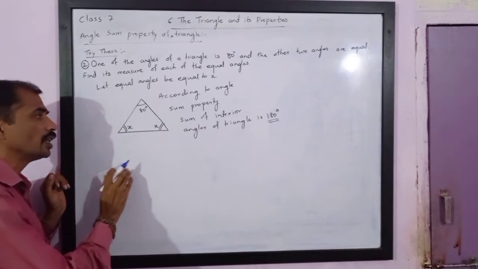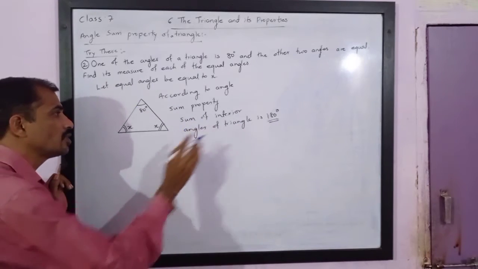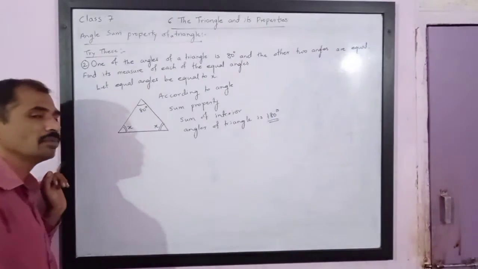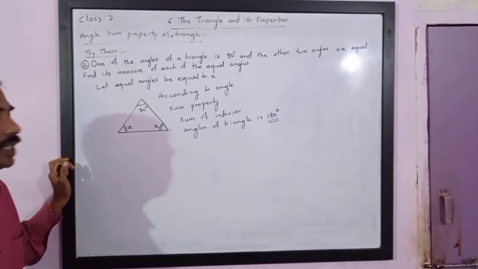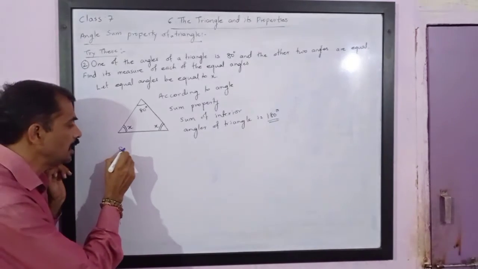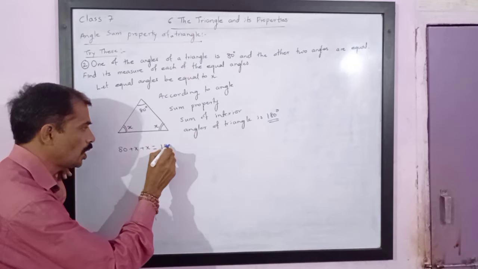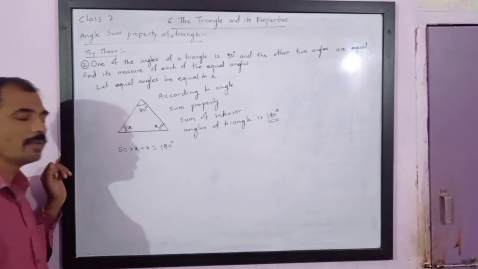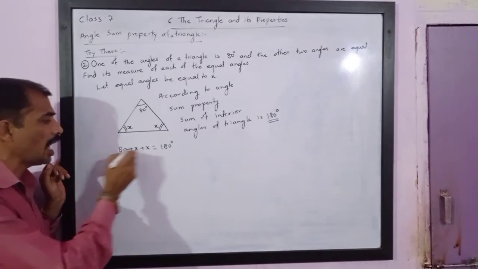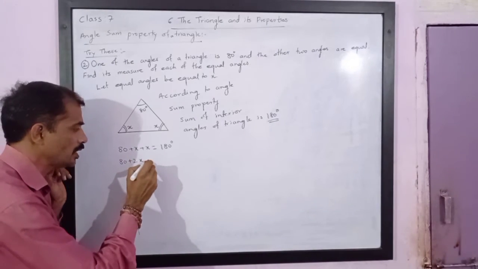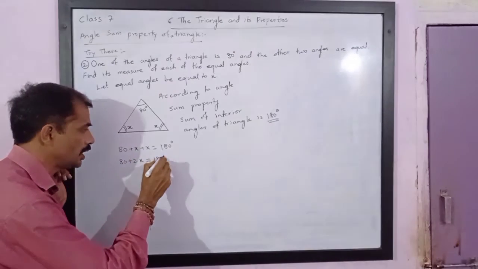Now look at the figure. The sum of interior angles of a triangle is 180 degrees. It means 80 plus x must be equal to 180 degrees. So we will get 80 plus x equals 180 degrees. This is the property of the triangle. Now if you add this, you will get 80 plus 2x, since x plus x is 2x, equals 180 degrees.